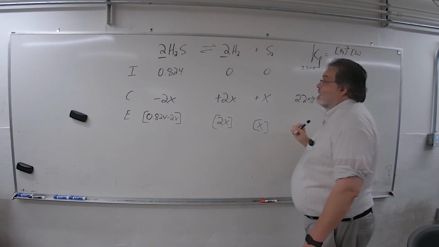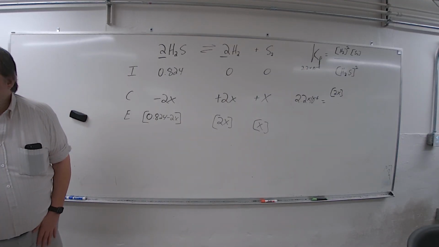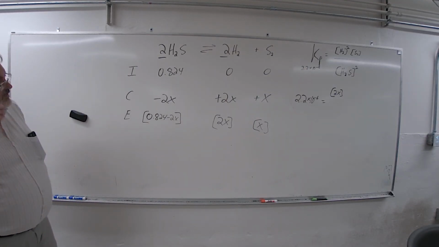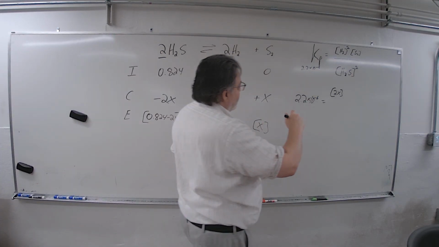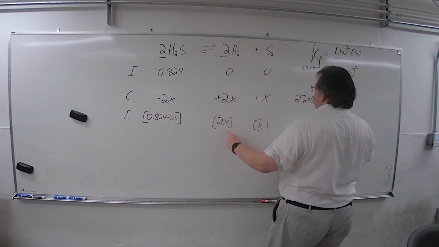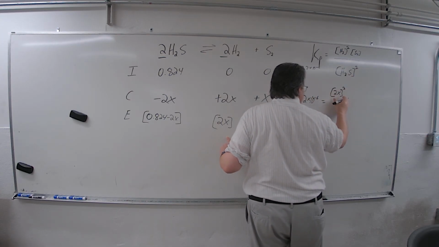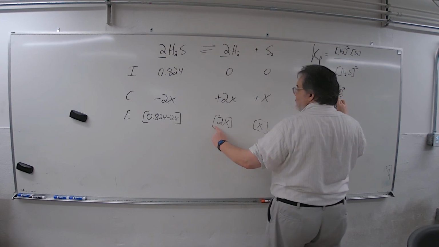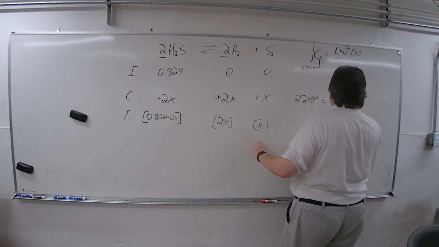Don't forget that. See what I mean? You remember that? Yeah, don't forget that. It's 2x with this. So that 2 shows up in 2 places in the final thing. You've got 2x here and the square here. This one is just x.